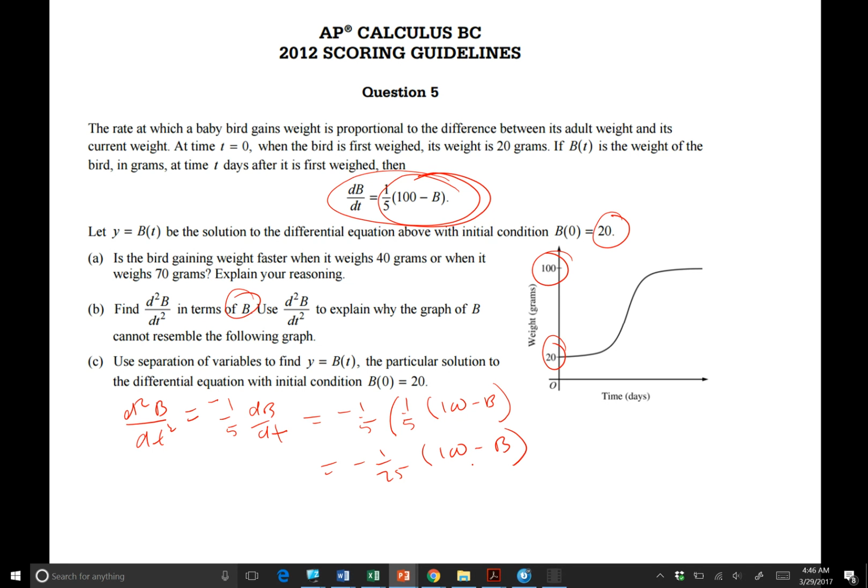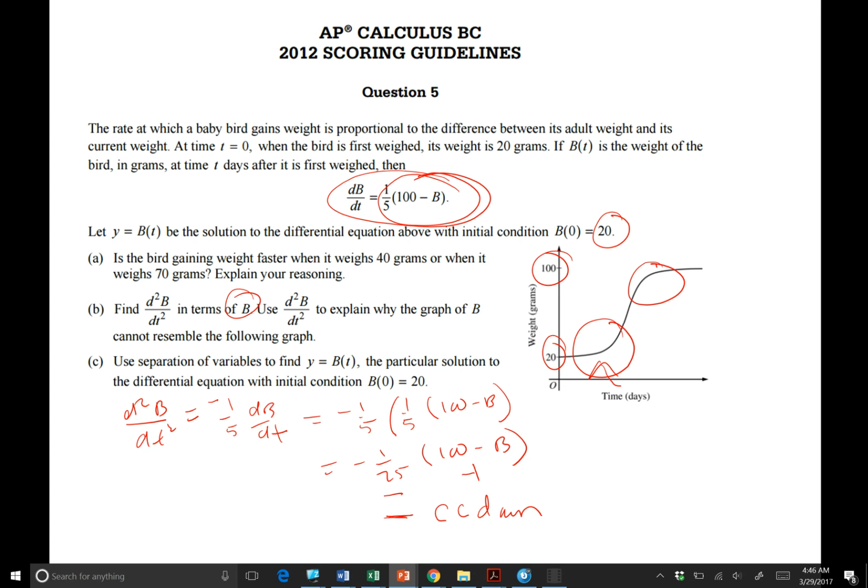So it's always going to be a positive times a negative, which means it will always be a negative answer, which means that it is concave down, like a frown. If you look at your graph, we have a portion where it's concave up and a portion where it's concave down. So it needs to be all concave down. So this part here isn't possible according to what we have.